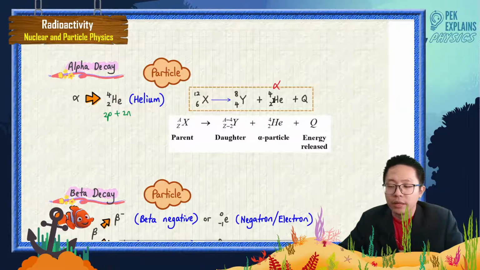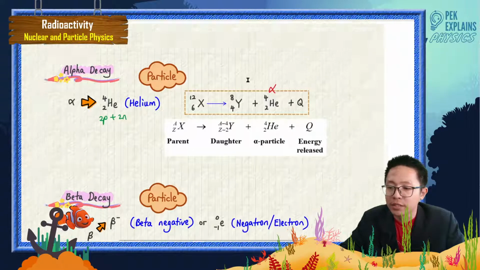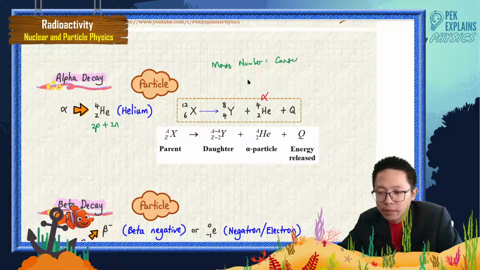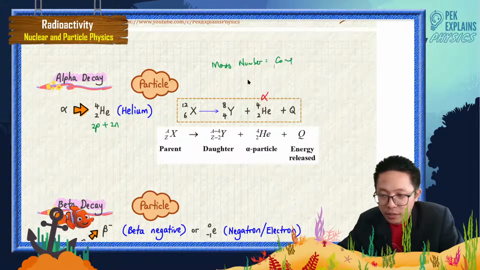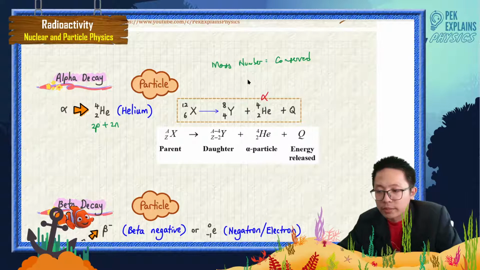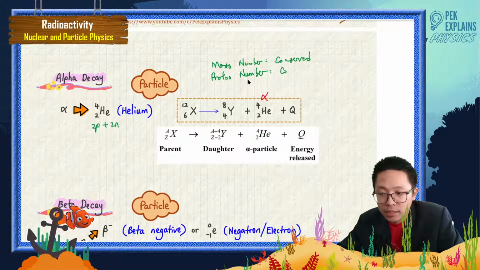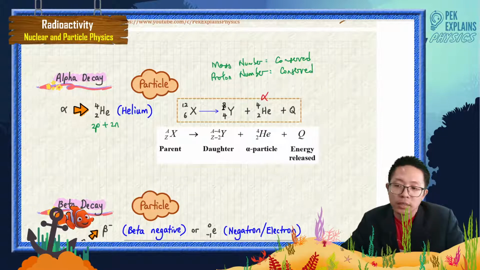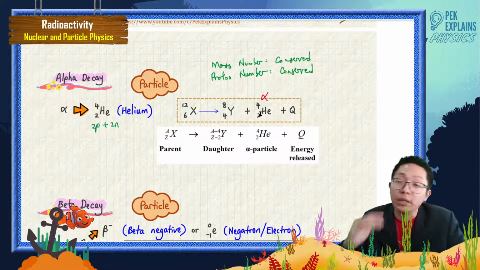So remember about conservation. The mass number must be conserved. The proton number, or atomic number, must also be conserved. What is meant by conserved? Conserved means the left hand side and right hand side, when you total up, are equal.